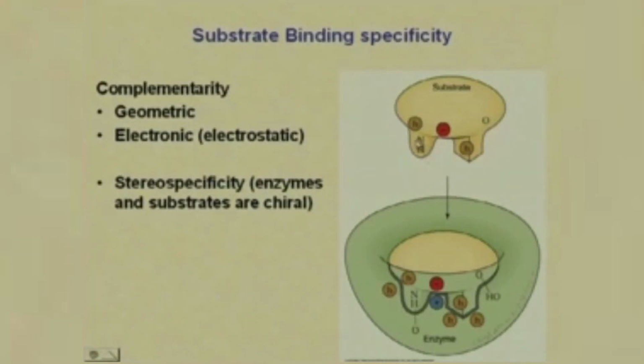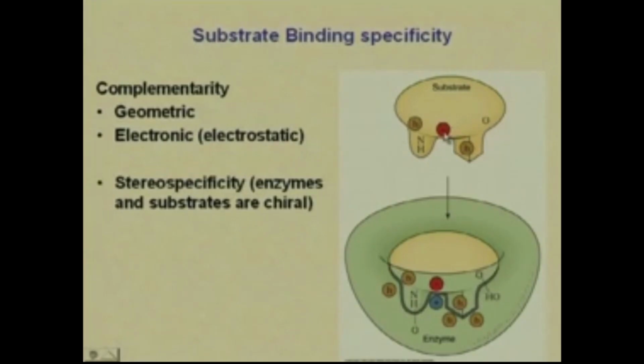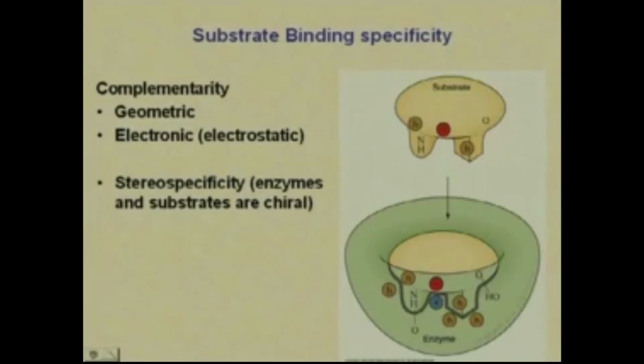For the NH, we would expect some sort of hydrogen bonding that might hold it together. For the negative charge that I have here, what would I expect at the active site? A positive charge, so that I have an electrostatic interaction. Again, a hydrophobic interaction for the other parts of the substrate, and so on and so forth.